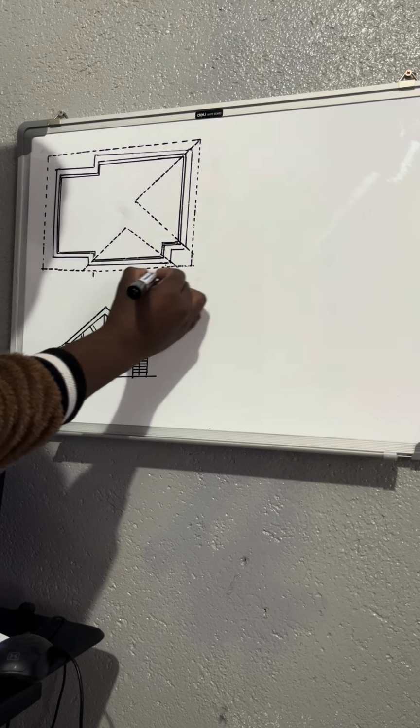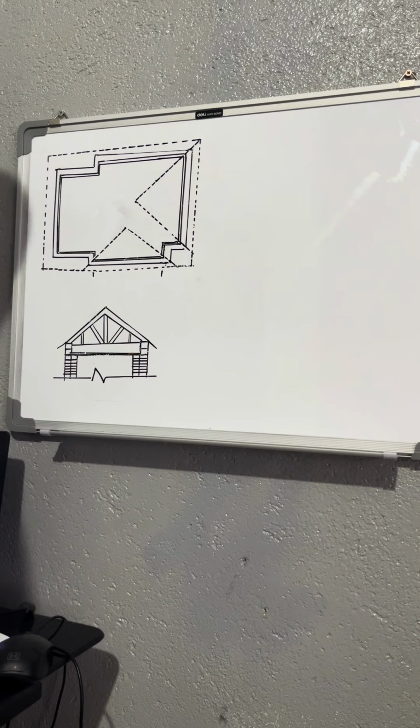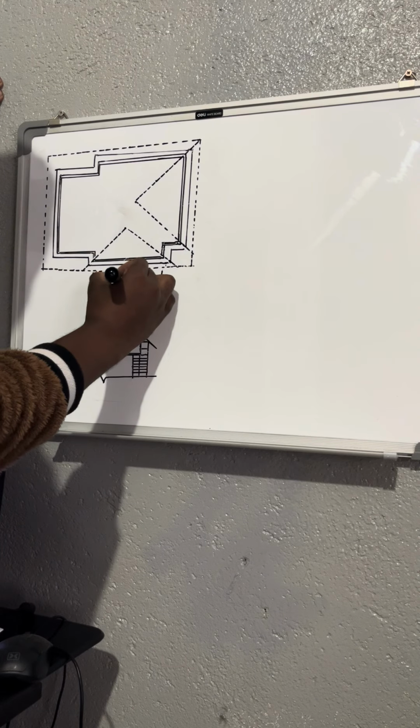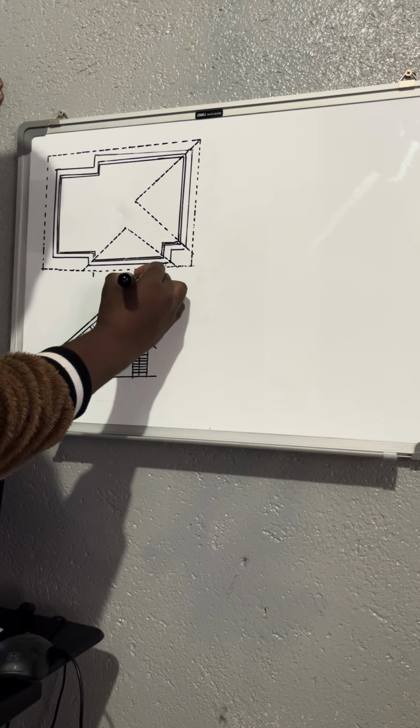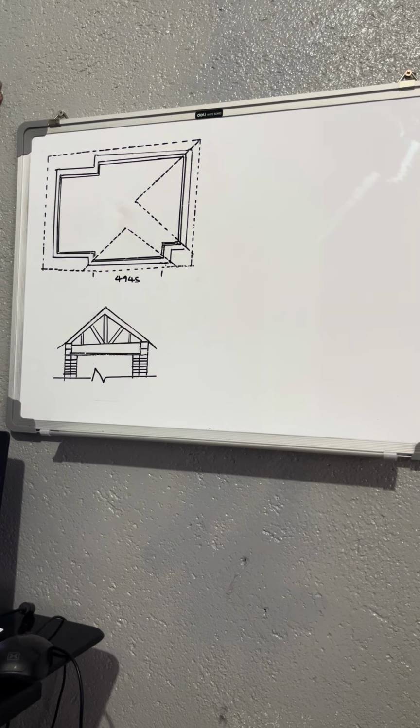From here to here they had a spacing of how much? I think it's 4953. Let me just confirm. It's 4945. Okay, they had a spacing of 4945.